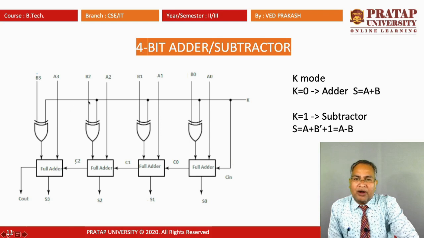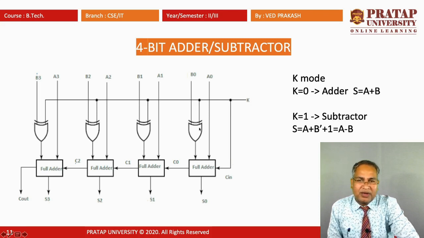The overall operation is controlled by K, the mode bit. It means if the value of the mode bit is 0, then this overall combinational circuit works as an adder. And if the value of K is 1, then this overall circuit works as a subtractor.